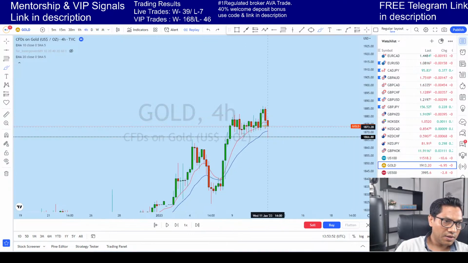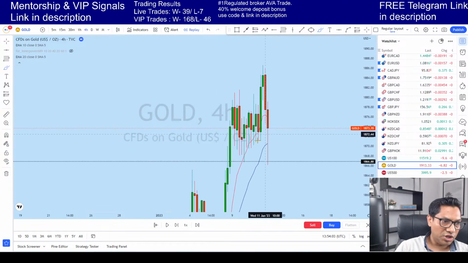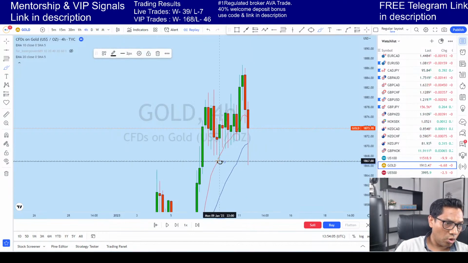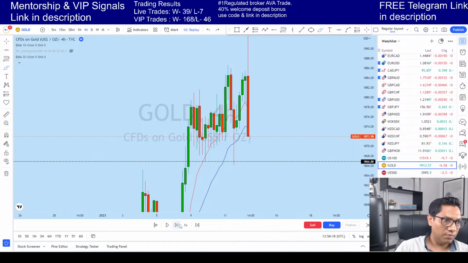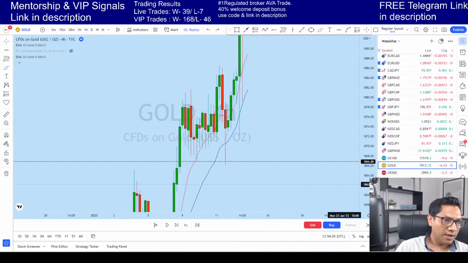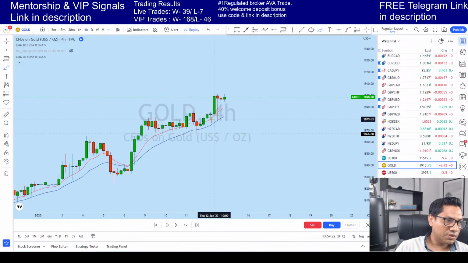It has gone up, created a bullish structure, and then immediately two candles came back down, just crossed the previous one's low, created a long wick candle, and then the bulls were ready for the move.